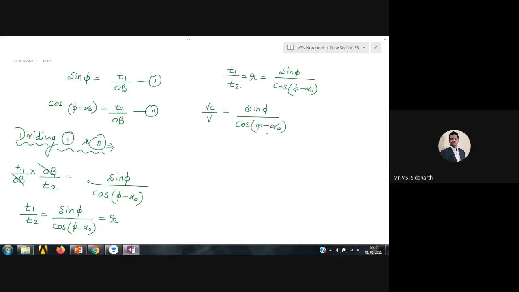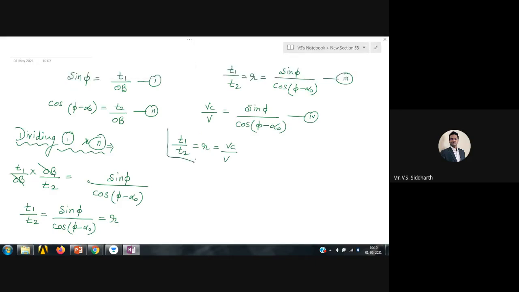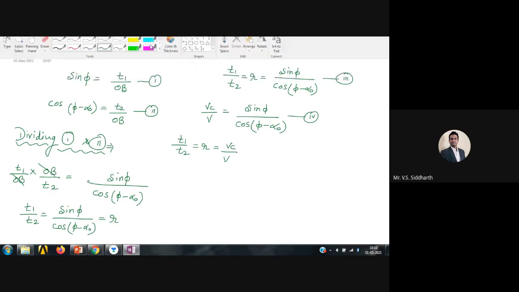Say yes or no. That is also sin phi. Yes, good. So that screenshot formula is equation number 4 and this is equation number 3. Since the RHS is equal, I can say that T1 upon T2 equals R equals VC upon V. Okay, this is a very, very important relation.